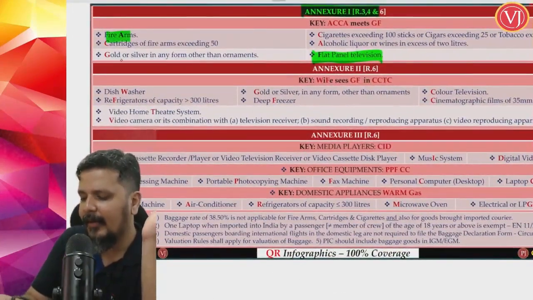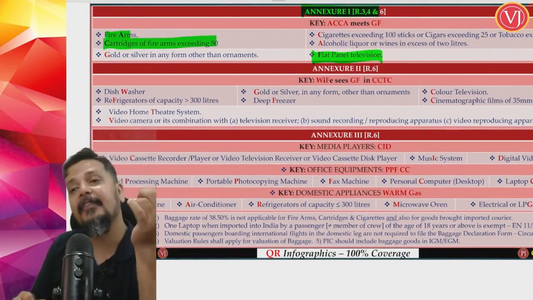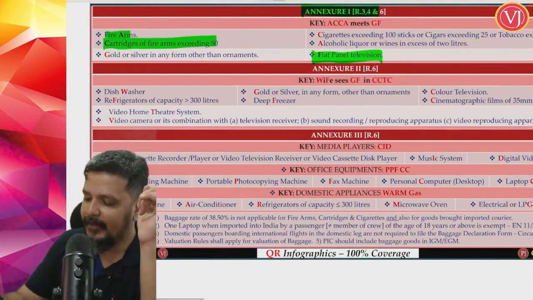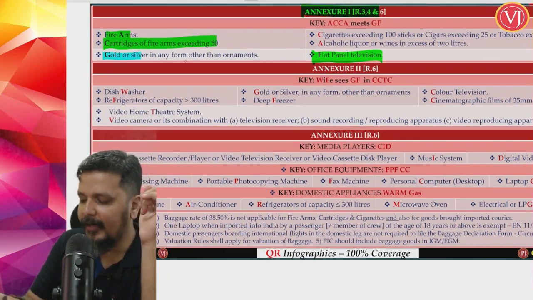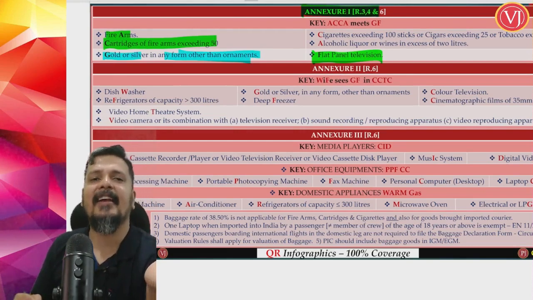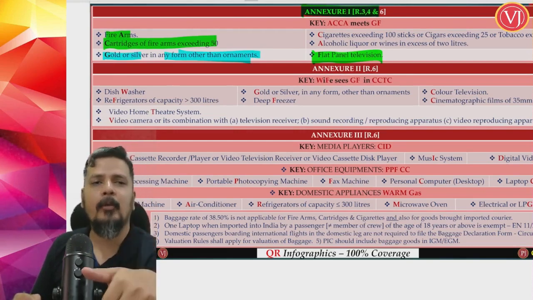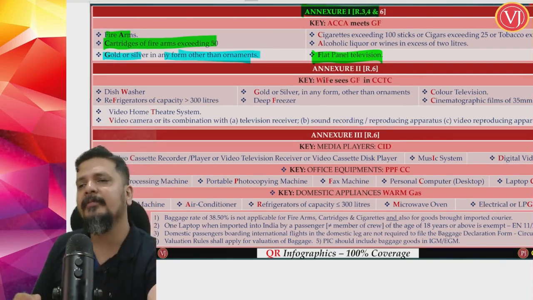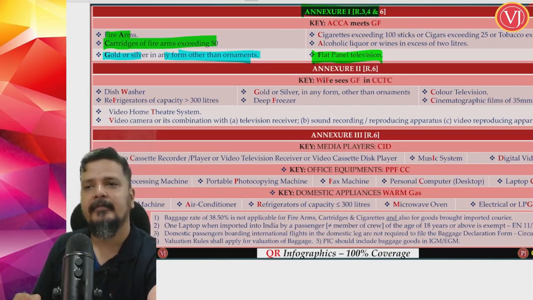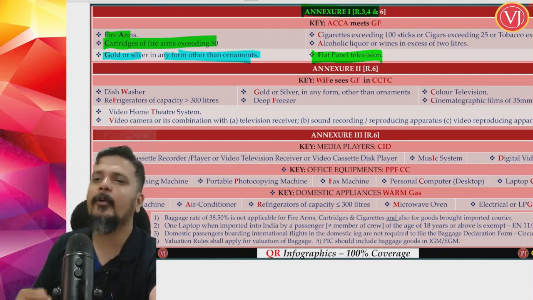Firearms, cartridges of firearms exceeding 50. Gold, silver in any form other than ornaments. Bullion is a challenged item. Normal people cannot bring bullion. It is to be brought only by notified banks or government undertakings, like MMTC, Minerals and Metals Trading Corporation of India, or notified banks including State Bank of India.